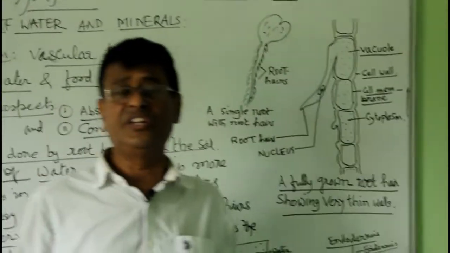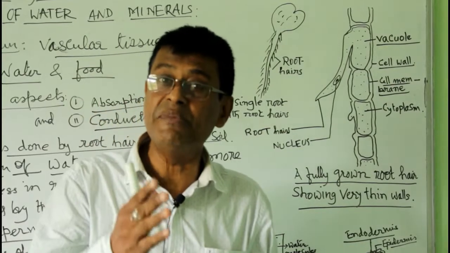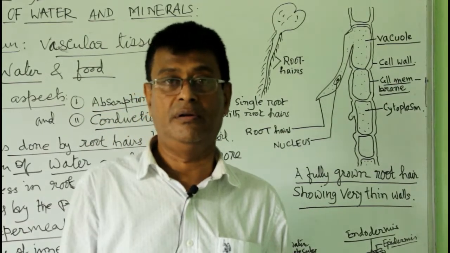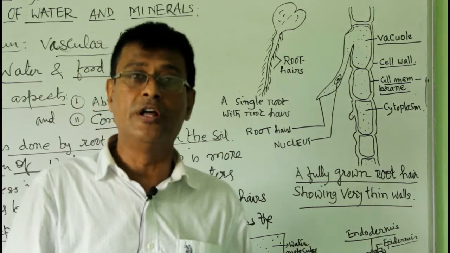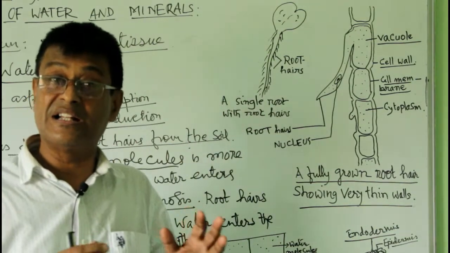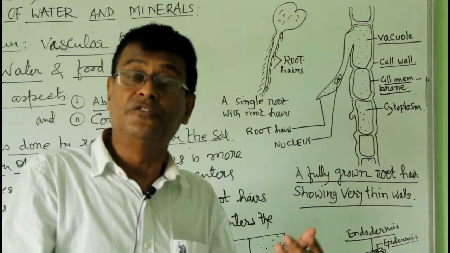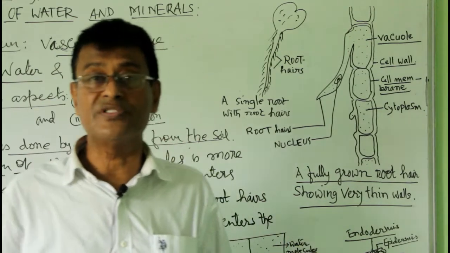Why do they have thin walls? Because they act as a semi-permeable membrane. The semi-permeable membrane is also called a selectively permeable membrane because it selects the materials which are required for the plants to get in or sometimes to get out of the cells.